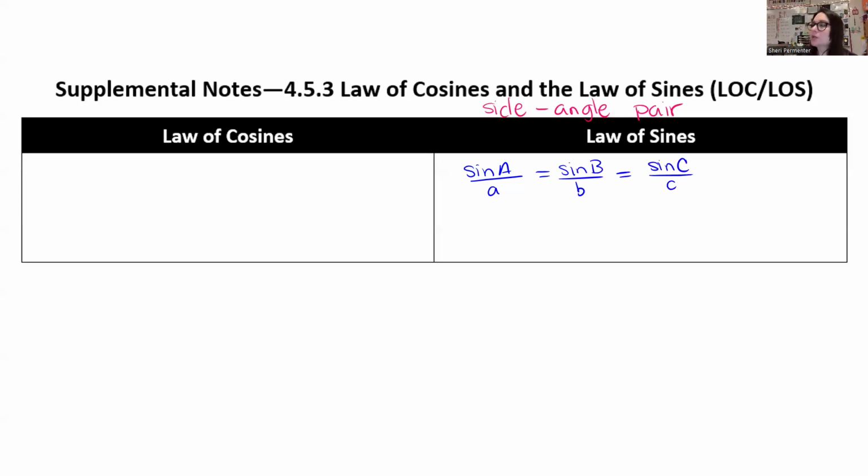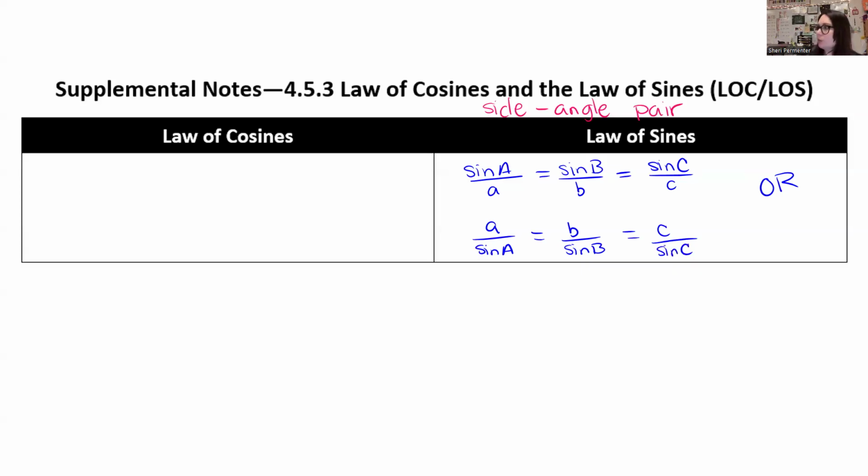These are ratios, so you can take them all and flip them upside down. Go ahead and write them both down. Or we can use A over sine A equals B over sine B equals C over sine C.